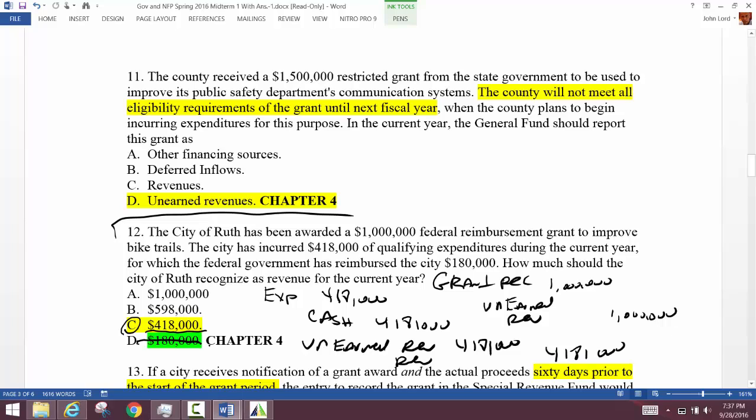I don't know where they got this 180,000 for a reimbursement grant. The criteria is what? You spend the money, don't you? What they reimbursed has nothing to do with it in terms of the revenue recognition. Now, of course, they're going to get the money eventually. They'll debit cash and they'll credit what for this 180,000 that was the wrong answer?